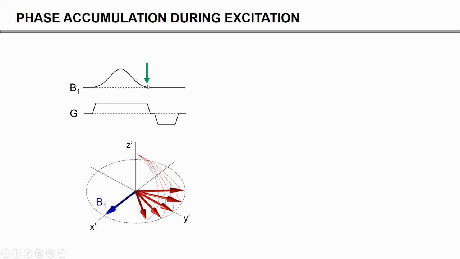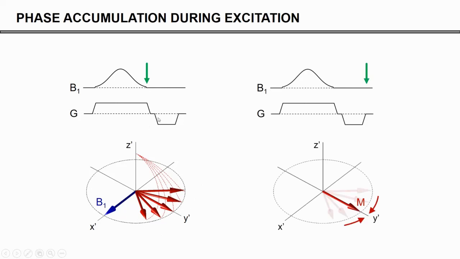If you would acquire the signal at this point in time, you would get very little signal because of the phase dispersal. What you can typically do is apply a negative gradient of a certain amplitude that then refocuses this phase dispersal so that all of the magnetization is again in phase and you get 100% signal.